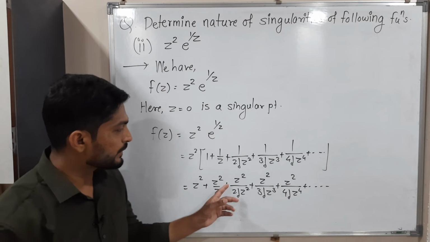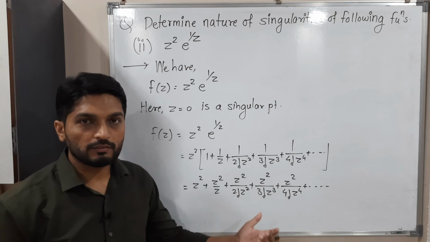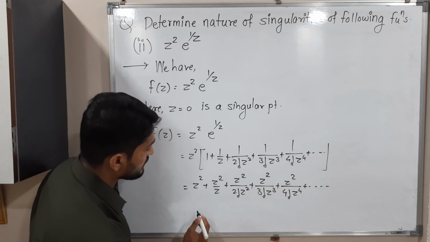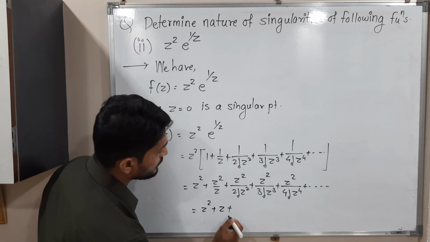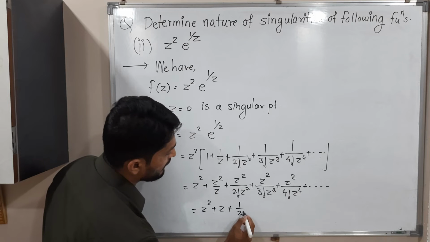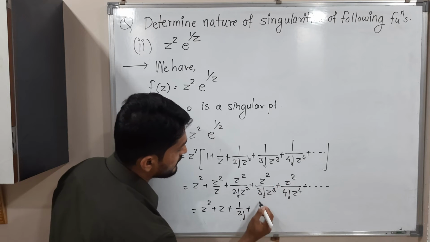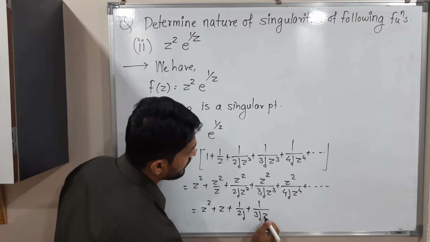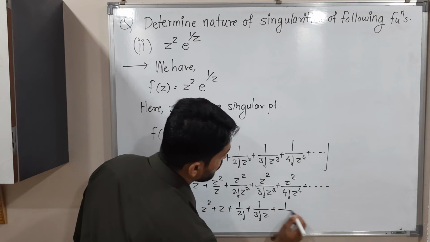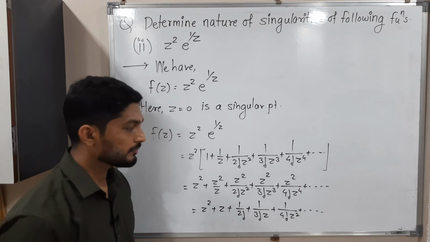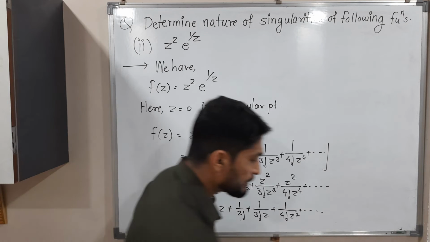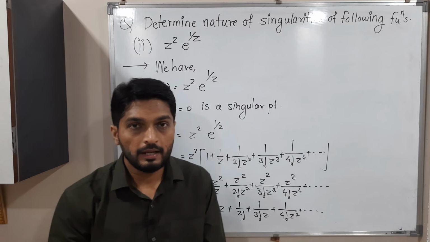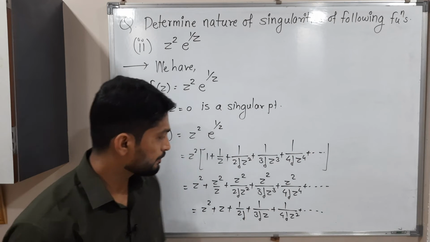Here z square we can cancel in most of the cases. So z square plus z, then 1 by 2 factorial, then 1 by 3 factorial z, then 1 by 4 factorial z square. This kind of series we get. Let us find the principal part and analytic part. Principal part means z appears in the denominator.